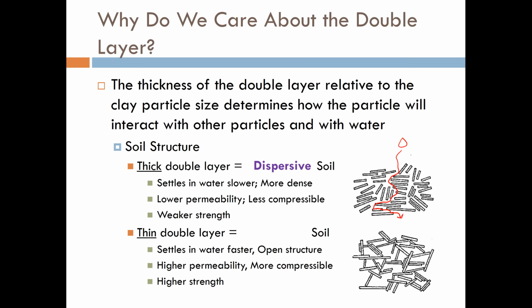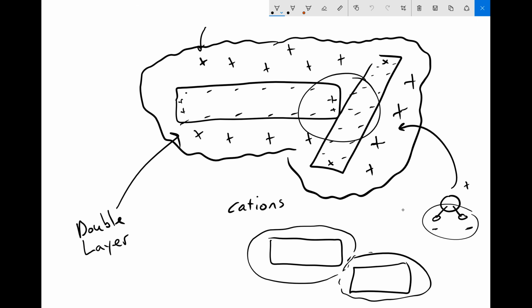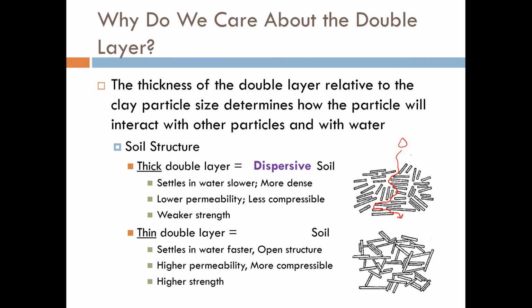Now, if I have a thin double layer, like we saw in our top diagram here where I circled, then we have what's called a flocculated soil. So this is a soil that tends to coagulate a little bit. The clay particles tend to be touching and form kind of like a jumble of sticks almost.